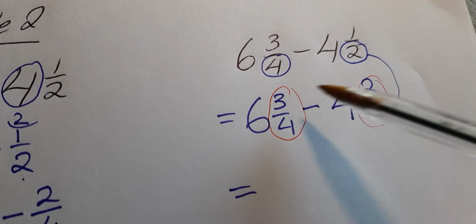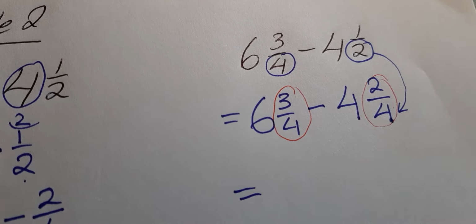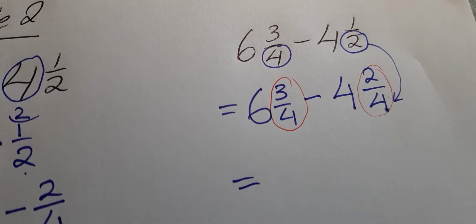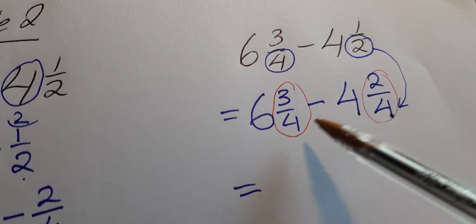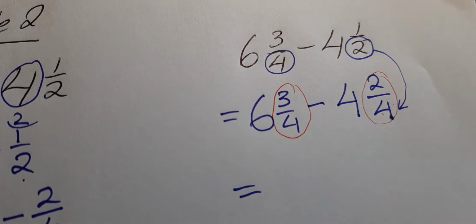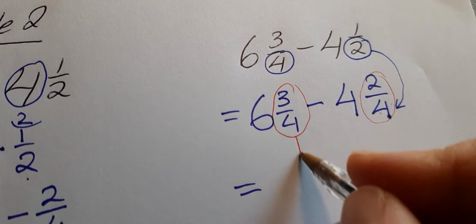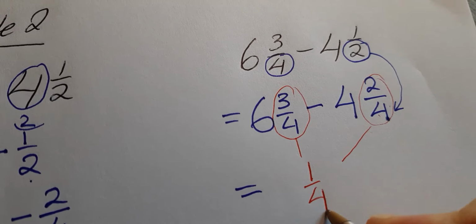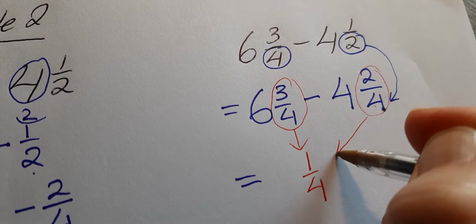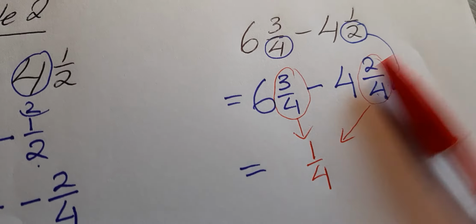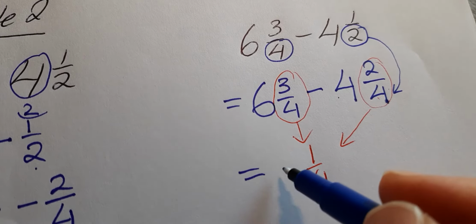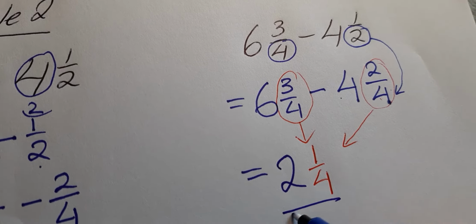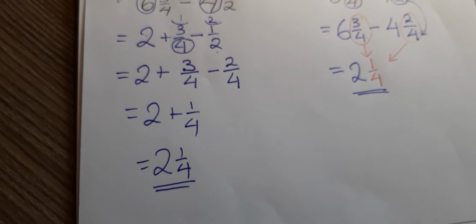Maybe if I had 3 minus 5/4 here, or I had something bigger here, I wouldn't be able to subtract them. So 3/4 minus 2/4 is 1/4. So I do those first, really. I say that comes to 1/4. And then I do the whole numbers. 6 minus 4 is 2. 2 and 1/4. Same as I got earlier.